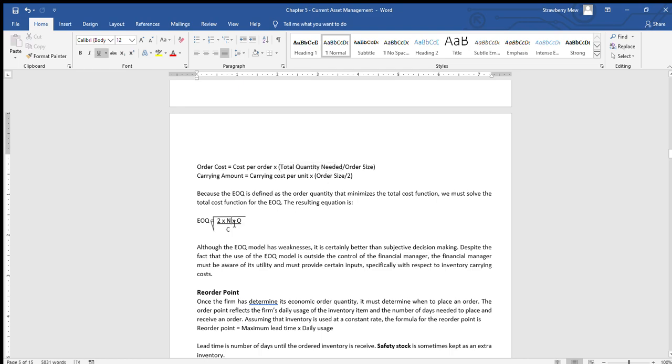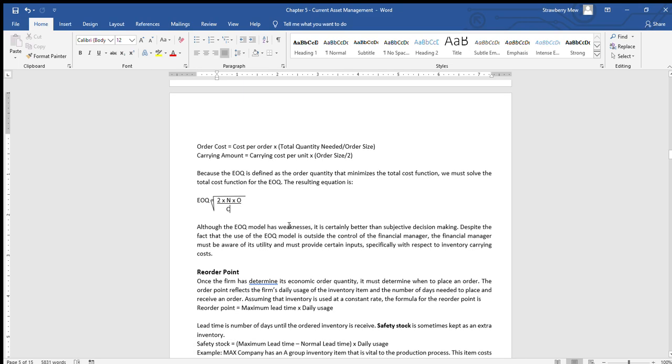So ito yung kailangan, total quantity needed in a certain period. So 2 times n multiplied by O. So yung O, this is the cost per order. Okay? Tapos, divided by C, which is the carrying cost per unit. Okay, so ito yon, carrying cost per unit.